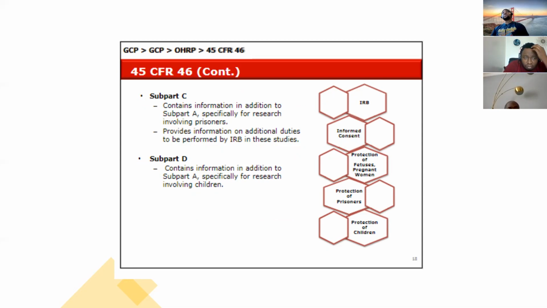The most important takeaway I want you to take from the OHRP is to think of the OHRP as the body that makes provisions for the protection of human subject research participants, and also looks at special populations: prisoners, women, fetuses, pregnant women, and all of that. Those are the major takeaways I want you to think about when you think about the Office of Human Research Protection.